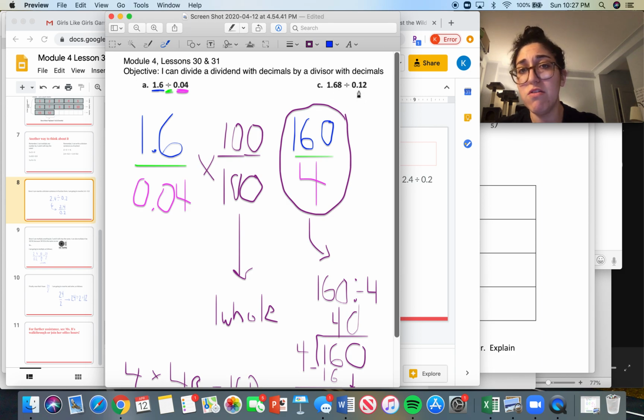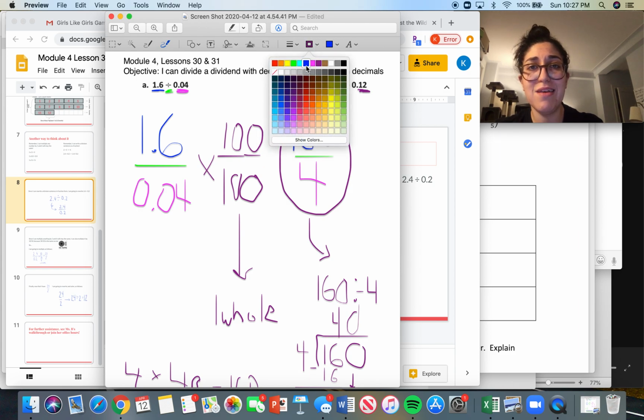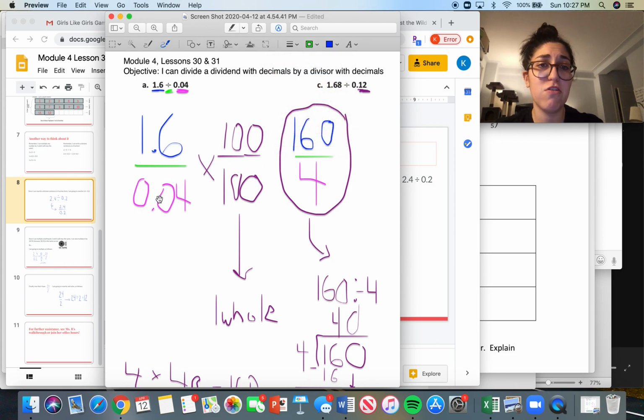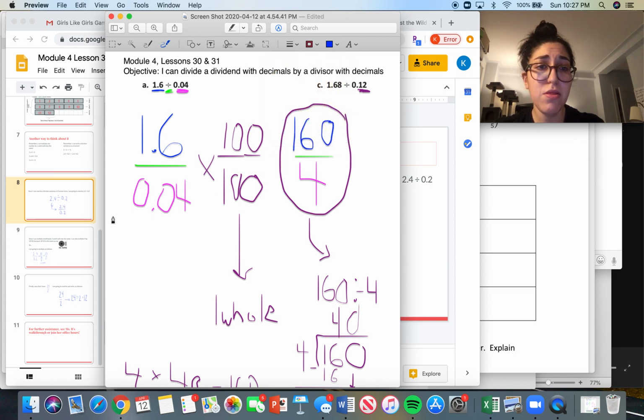Here also, as you can see, since I have 2 decimals, I always want to look in my divisor. Since I have 2 decimals in my divisor, I'm going to want to multiply a problem like this, and I'll just really quickly get it started for you, and then I want you to go ahead and try to work on this on your own.